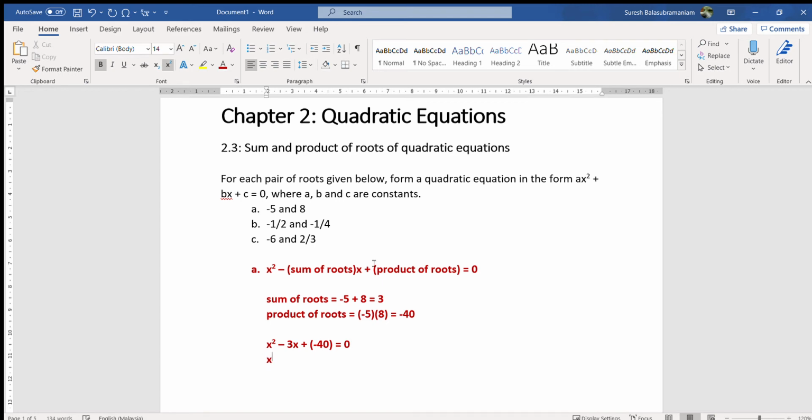X square minus 3x plus minus becomes minus 40 equals to 0. That will be our answer. Okay, so moving on to next question B.